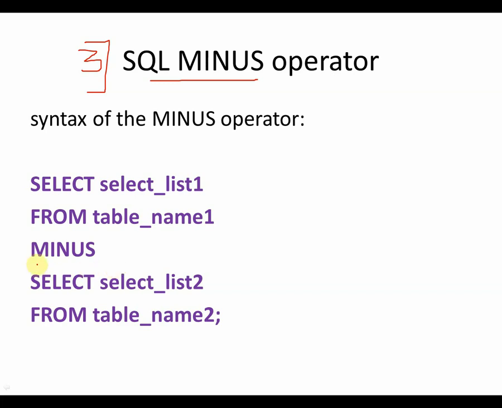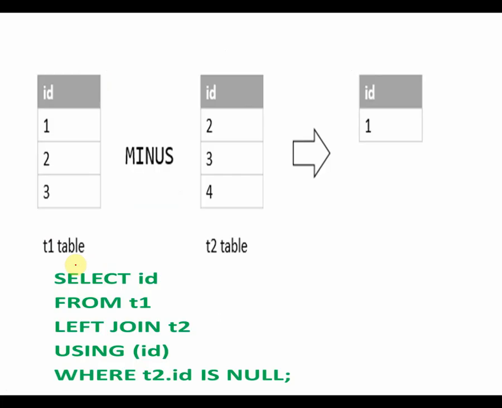Okay, so this is the syntax. I will show you with an example to understand better. Suppose this is table 1 and this is table 2. When I do T1 minus T2, all the rows which are common between T1 and T2 will be removed from T1. This particular row is common, right?